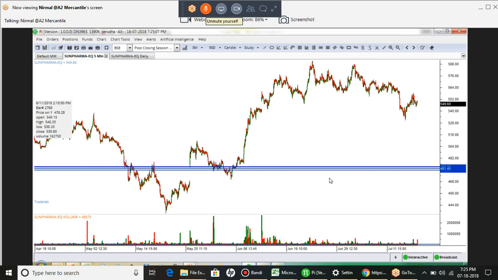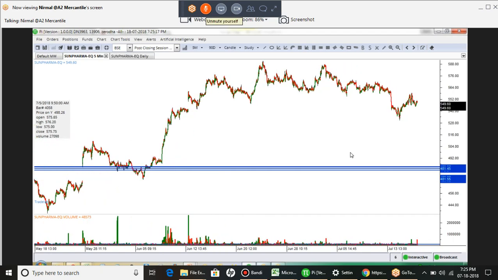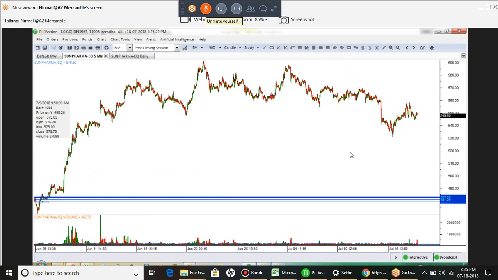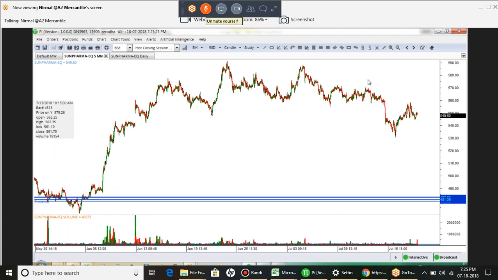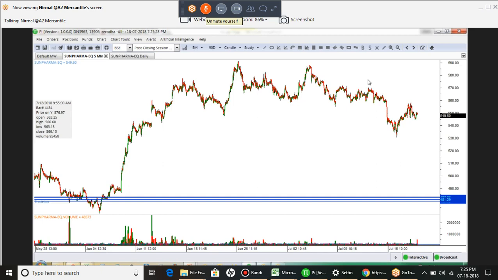So this level is going to be a very, very strong support area. An extremely strong area of support. And our positional view on Sun Pharma is going to stay long. It is not going to stay short. Okay. I'll repeat again, positional view.